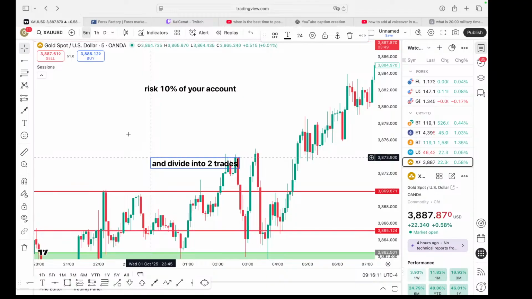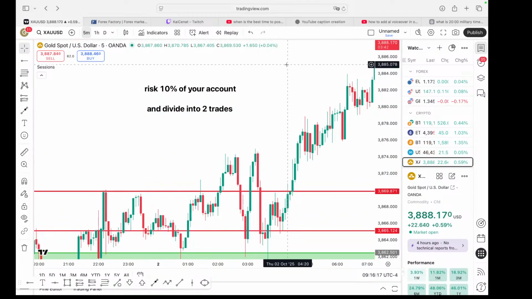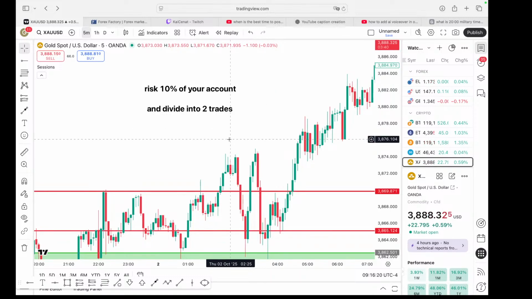And that will be the most amount of money you can risk in one day, right? So trade 1 should be at the retest. Trade 2 should be at the correction.